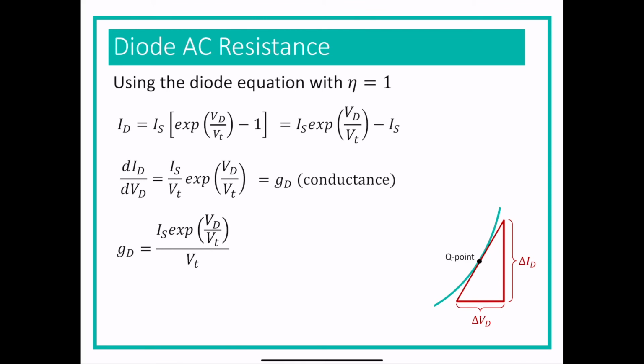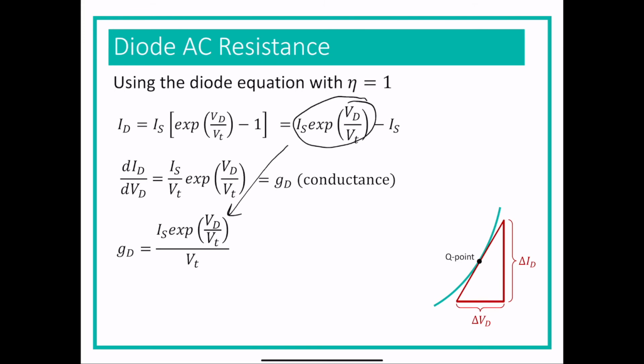If we look at that, we can distribute the saturation current, and then we have this value right here, which is the same as this one down here.